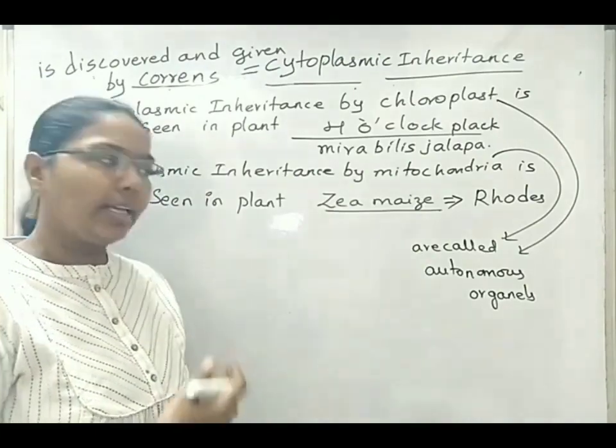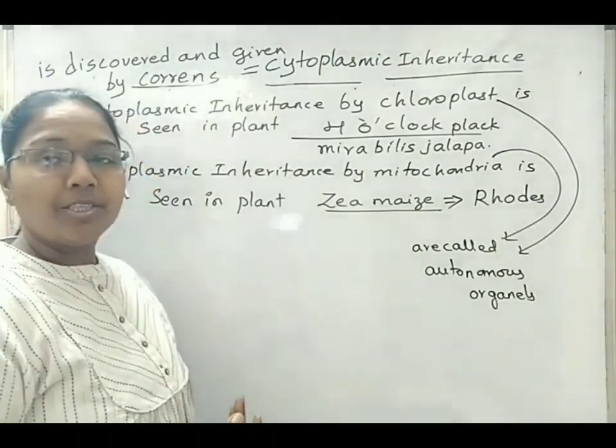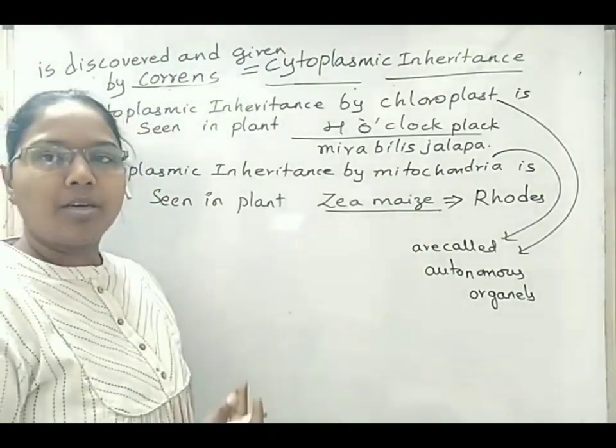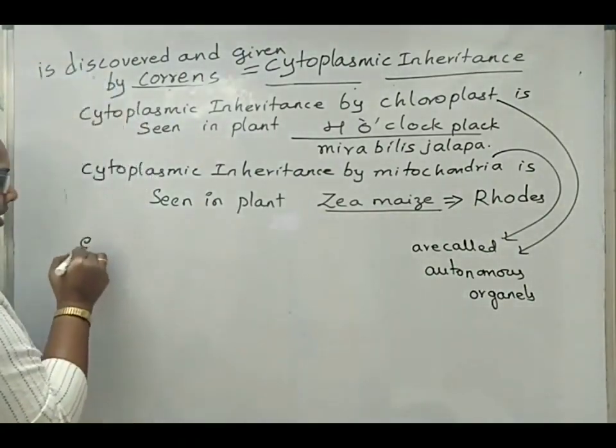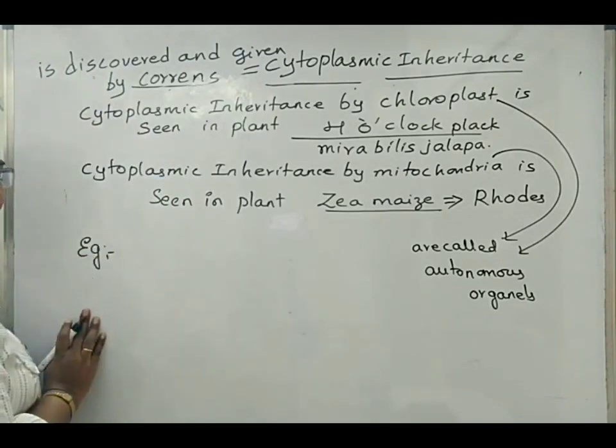If any repair or any further characteristic features are necessary for those two organelles, they can do it by their own. Now, what are the other examples to study cytoplasmic inheritance?